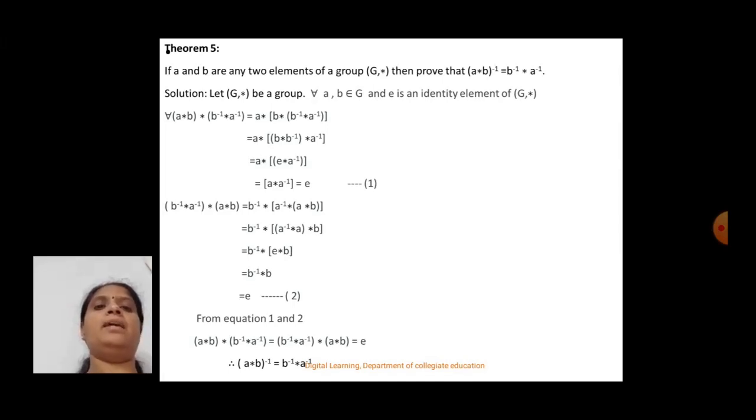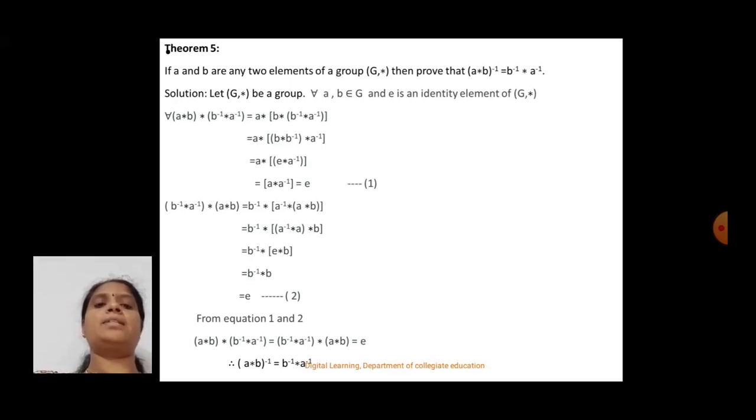Similarly, we take (b inverse star a inverse) star (a star b). Firstly, to prove equation number 1, we took (a star b) star (b inverse star a inverse). Next, to prove equation 2, we are reversing it, that is, (b inverse star a inverse) star (a star b). Taking the associative law again, changing the brackets, that is b inverse star (a inverse star a) star b.